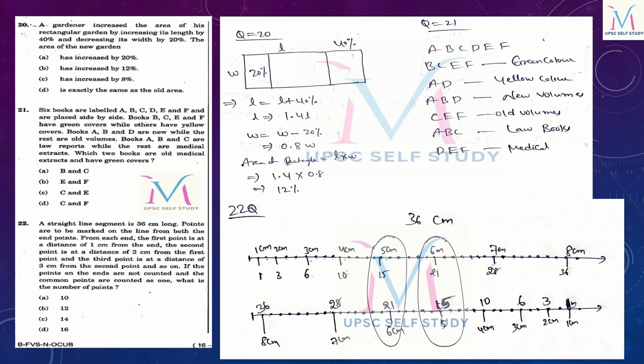So totally common points are 4 and other points are 8. So 8 plus 4, it is 12. So for this question, the answer is 12.